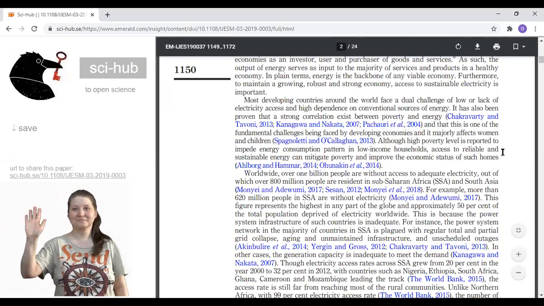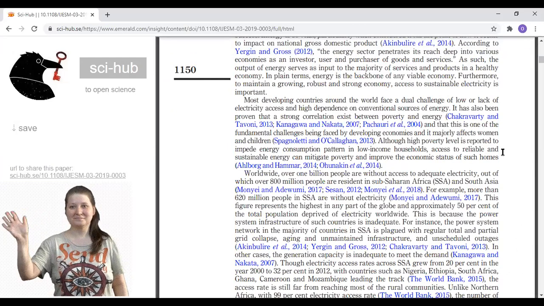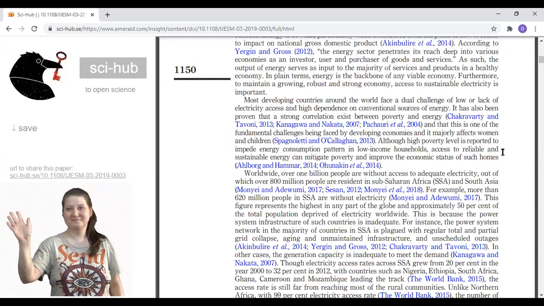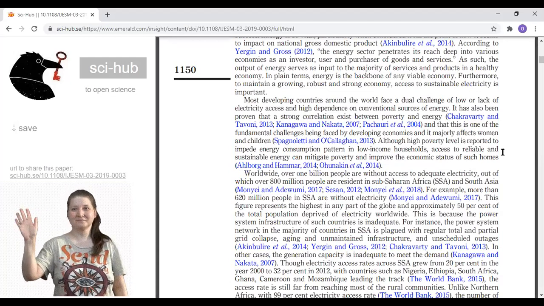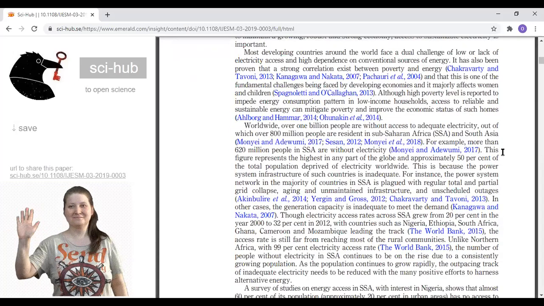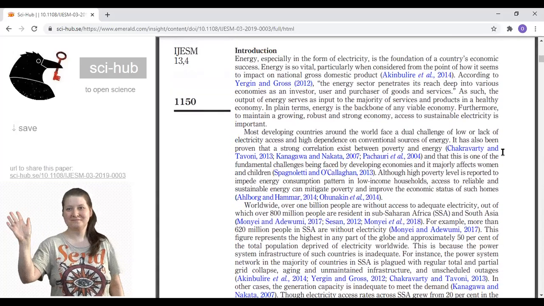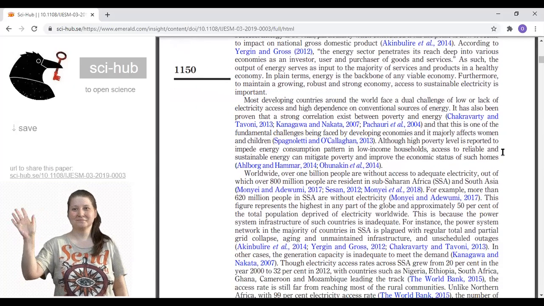It shows, oh, this is what is happening. Then the next paragraph talks about numbers, figures. Oh, in the world, this is the number of people in sub-Saharan Africa. This is the number of people that are having problems. And if you look at this appropriately, references are being cited appropriately for every fact.